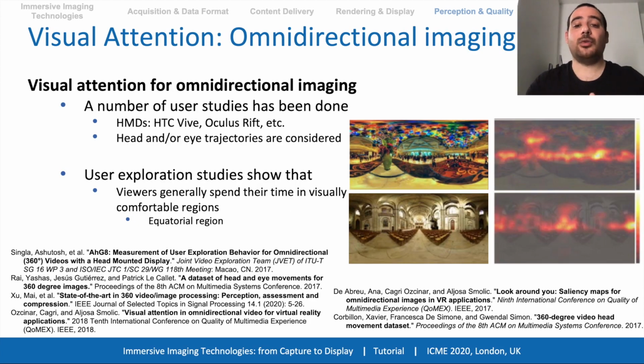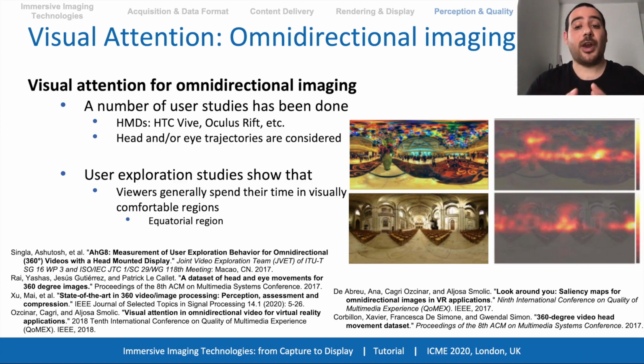Now let's talk about visual saliency or visual attention in omnidirectional imaging, or 360-degree image or video. The most essential difference of human visual perception between 360-degree video and 2D video lies in visual attention.